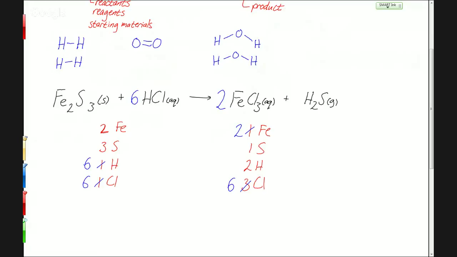Right, well, we're going to be dealing with this H2S, so we want to put a 3 there, because then there's 3 of those, and each one has 2, so that's 6 total. And that's going to give us 6 of those and 3 of these. And now we check our numbers, and everything is balanced. So we would say that's now a balanced equation.